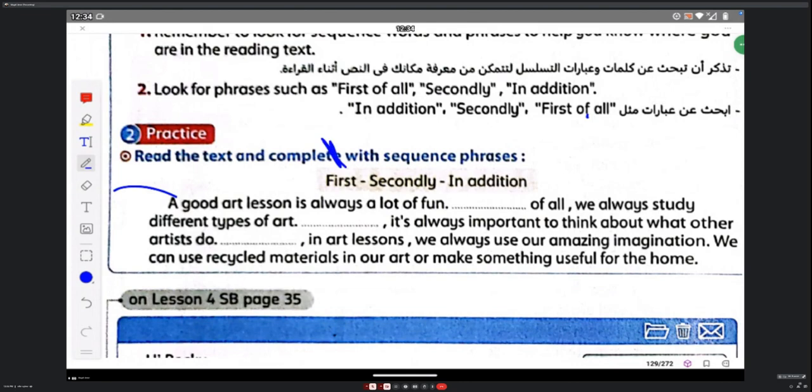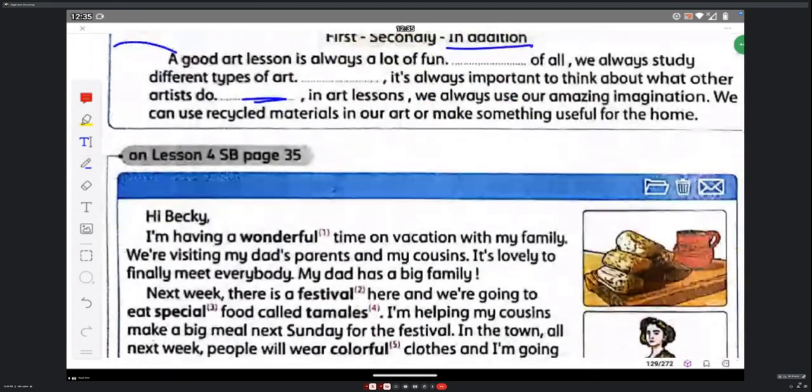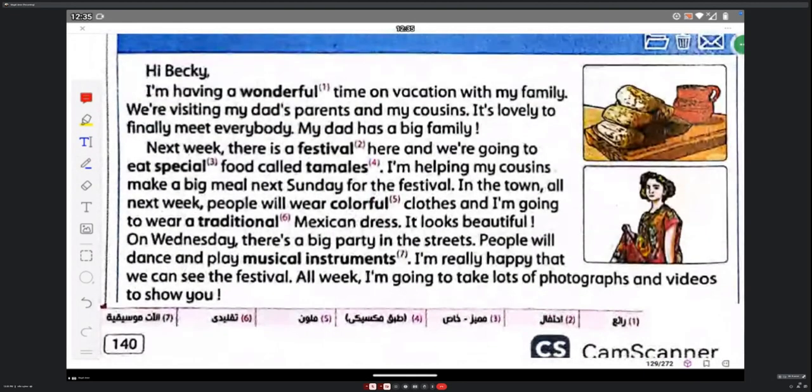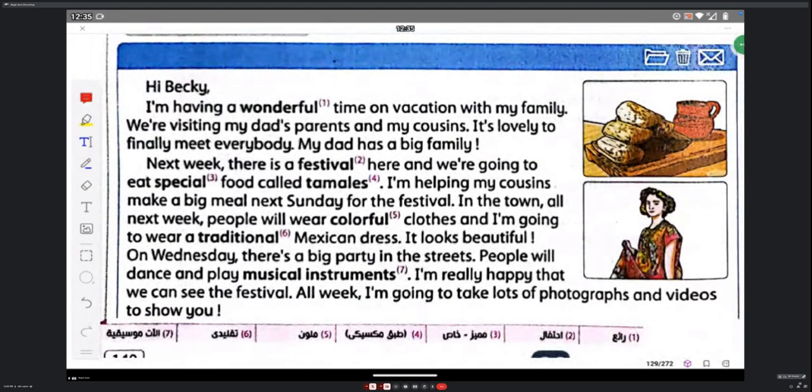Number two, we always study different types of art. Secondly. Of course, the last one is in addition. In addition, we add more information to what we said before.